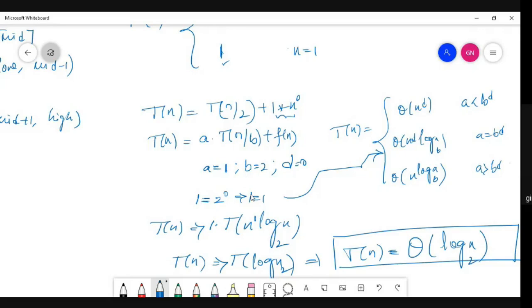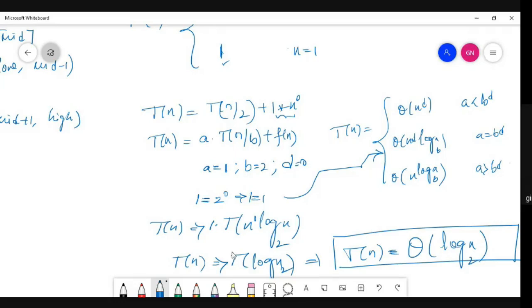Because it always searches the mid element, either if your element is present or not, either present at the left extreme or the right extreme. Whatever you take, the best, worst, and average case of your binary search would be log n to the base 2 itself.